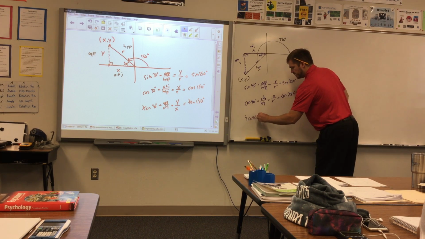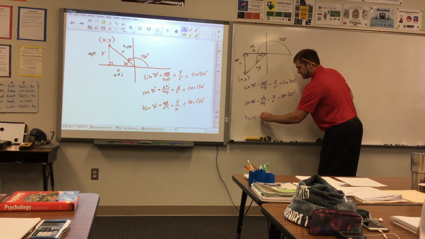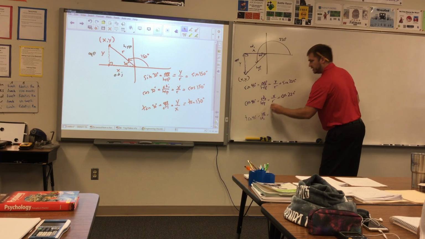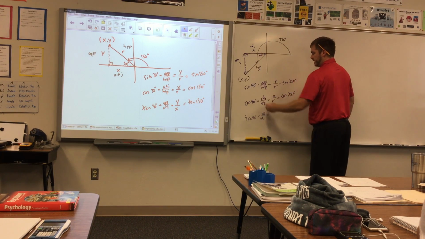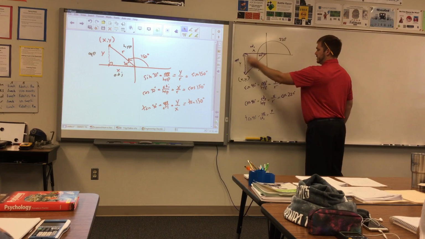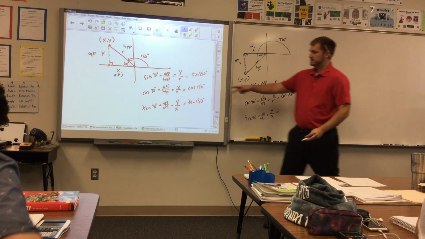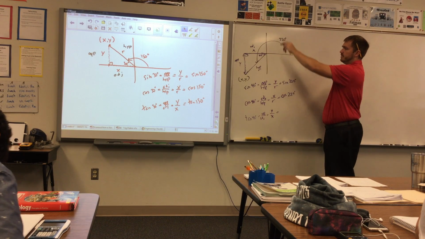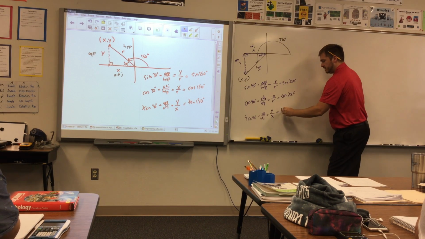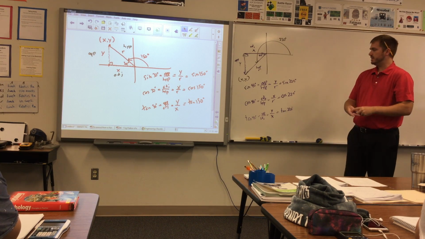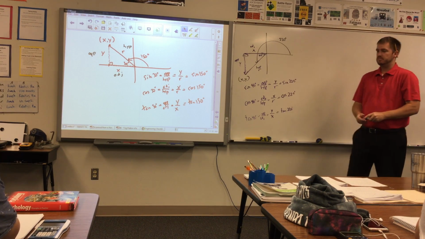Tangent of 40? Opposite over adjacent. Opposite is the y. Adjacent is the x. Once again, consistency. We're finding out for those two quadrants, our renaming of sine, cosine, tangent in terms of y's and r's, it's all the same.